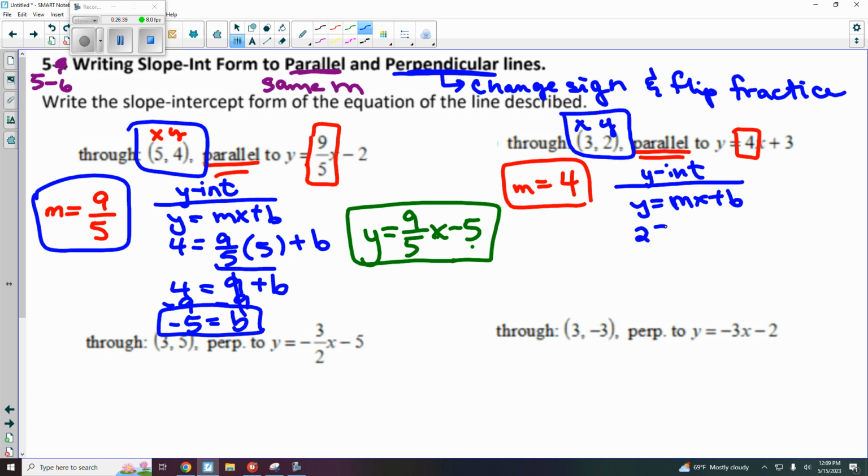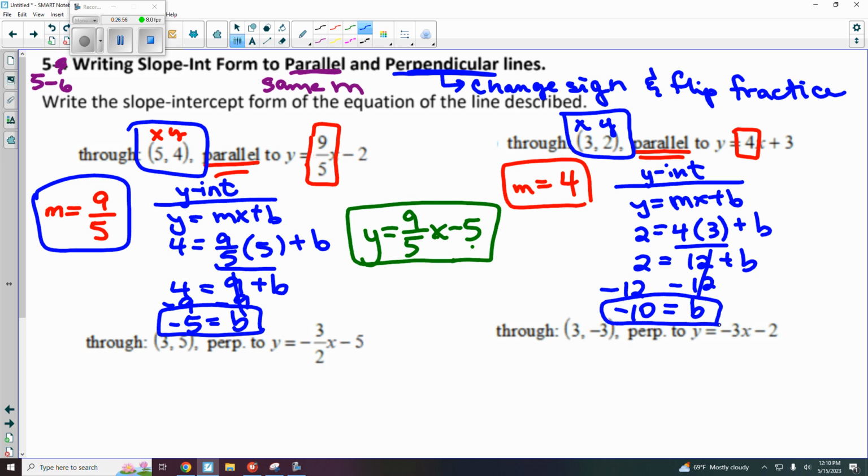So y is 2 equals m is 4 times x is 3 plus b. 4 times 3 is 12, so 2 equals 12 plus b. Minus 12 from both sides. 2 minus 12 is negative 10, equals, 12 cancel, and we get b. So now last step, write our final equation, which is going to be y equals, your m is 4x, and your b is minus 10.